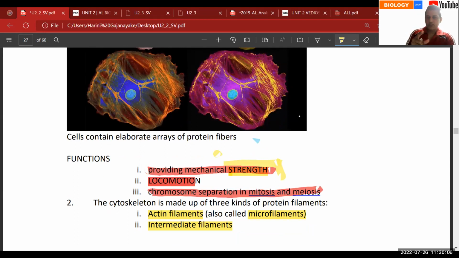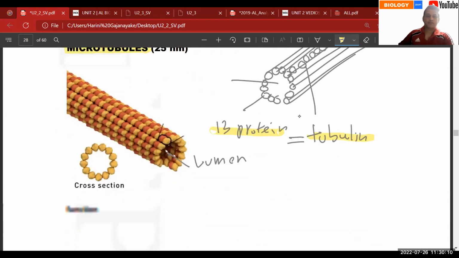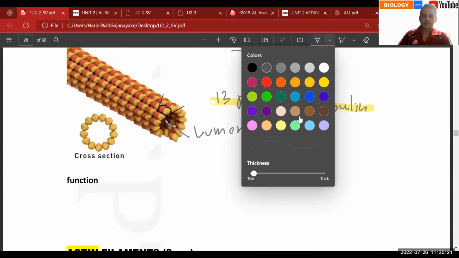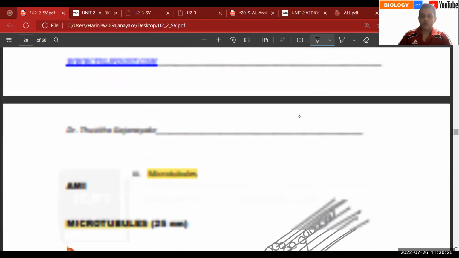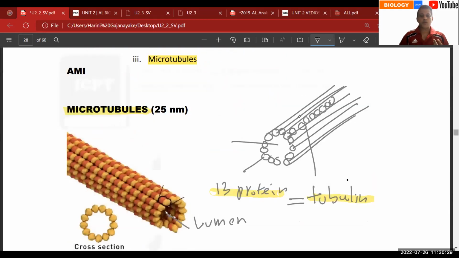One function of all the three filaments is giving strength to the cell. We can say it's cell support or strength.